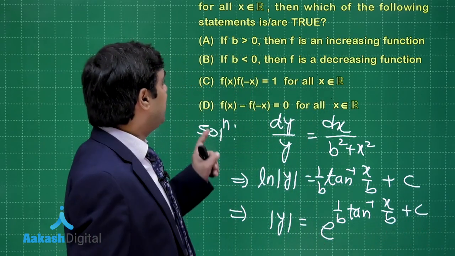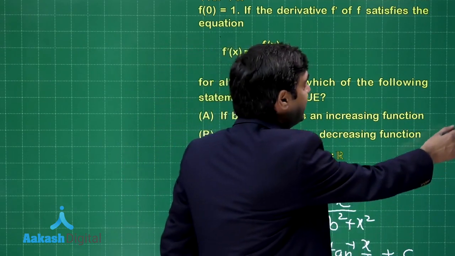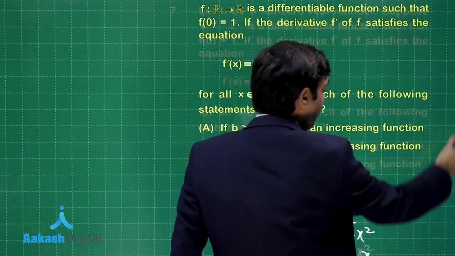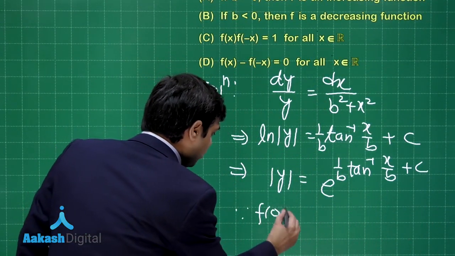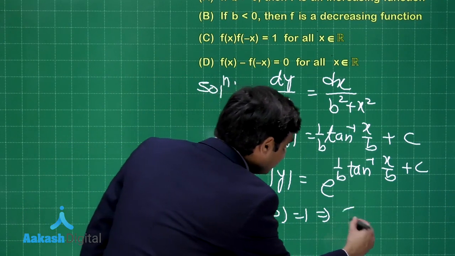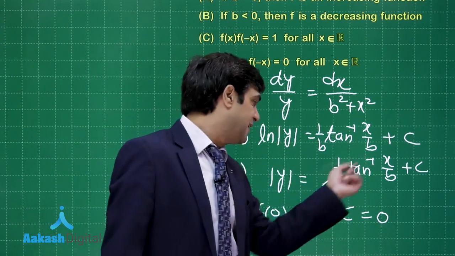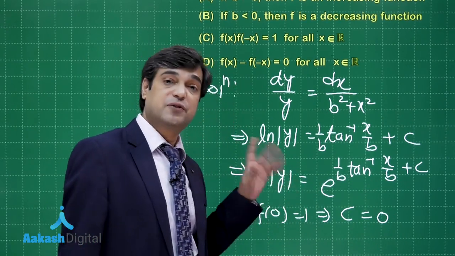Now it is given to me that the value of the function f at 0 is 1. Correct? So put the value of x as 0 and y as 1. Since f0 is 1, you are getting c as 0. Correct? Because e to the power c is equal to mod 1, that gives you simply 1.